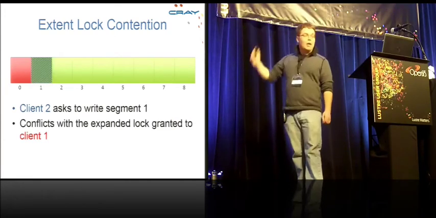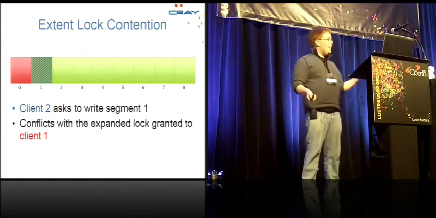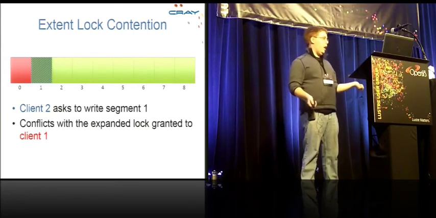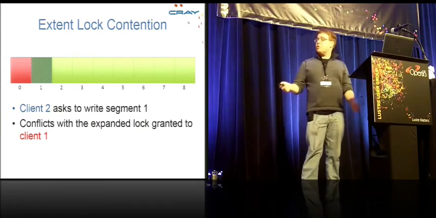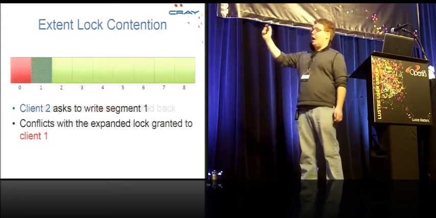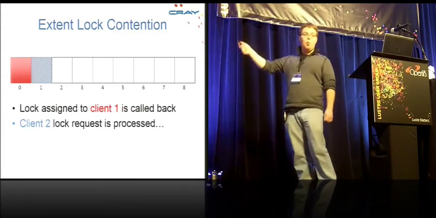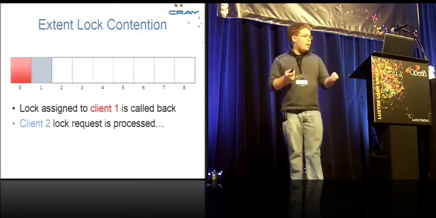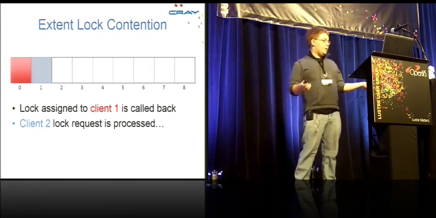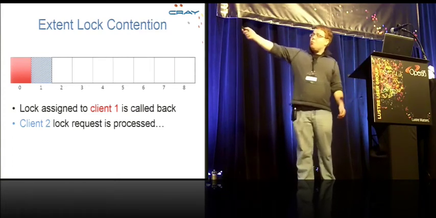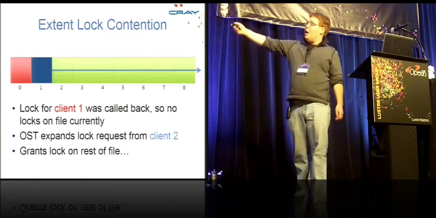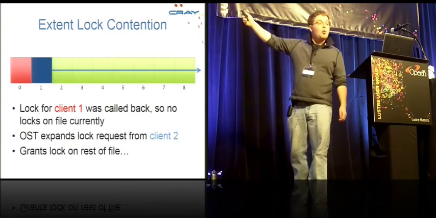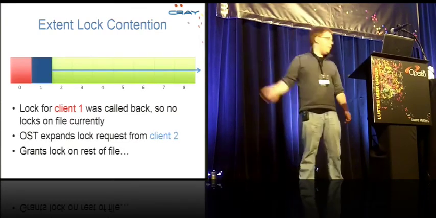Client 2 shows up and says, hi, I'd like to write segment 1. This conflicts with the expanded lock granted to client 1. So the server has to request that lock back. So client 1 has to rush to get its data down and give the lock back to the server. Now, the server will process the lock request from client 2. And guess what? There are no locks on that file because the client 1 lock was just canceled.